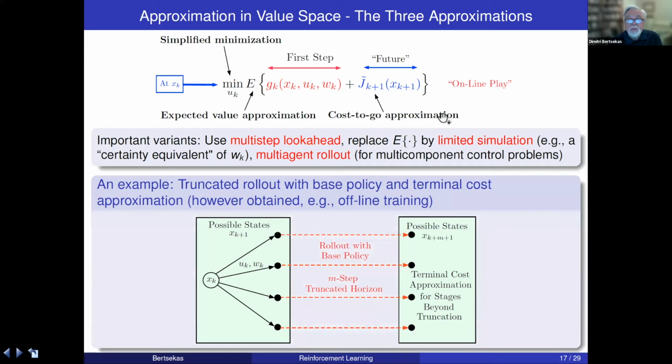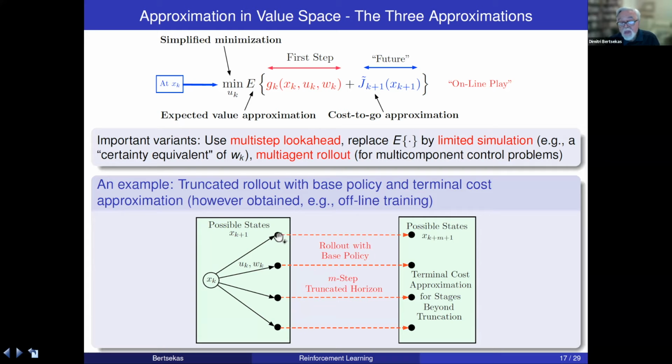Here's an example of how we picked this J tilde by truncated rollout with some base policy and some terminal cost approximation, which are obtained by offline training. And this is the AlphaZero example, except that we use one step look ahead in this figure. So at xk, we look at all the possible next states, including those that occur randomly due to the occurrence of wk.